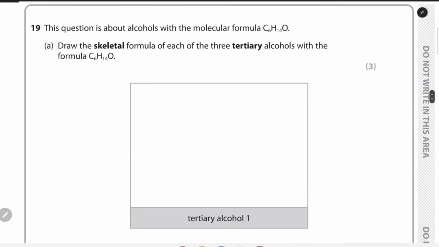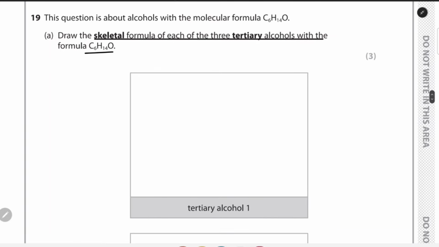Now moving to question 19, we have to draw the skeletal formula of 3 tertiary alcohols with the formula C6H14O. So I'll start with the central carbon. This is not the skeletal formula, I'm working out for it. I'll have 3 different alkyl groups connected to it and an OH over here.